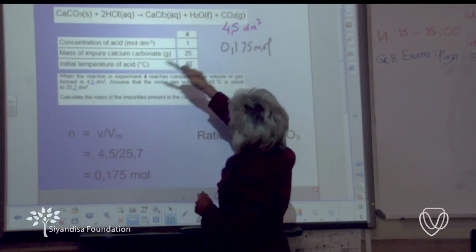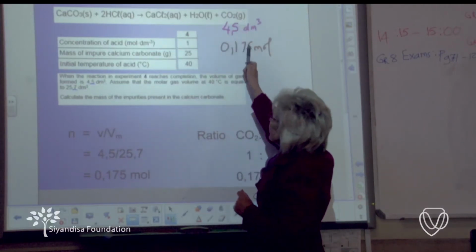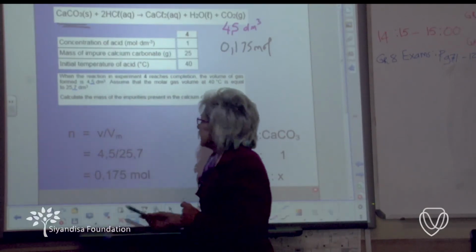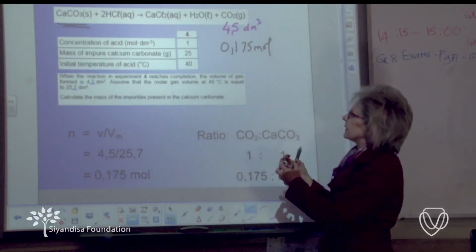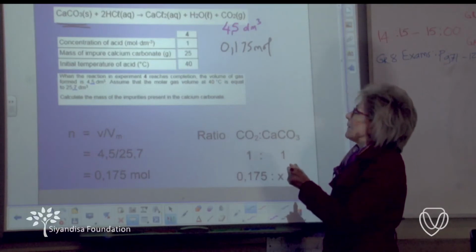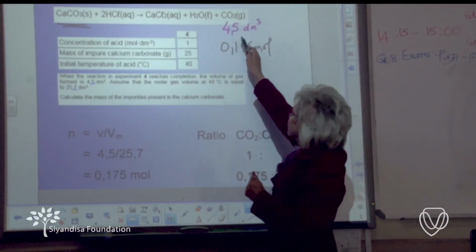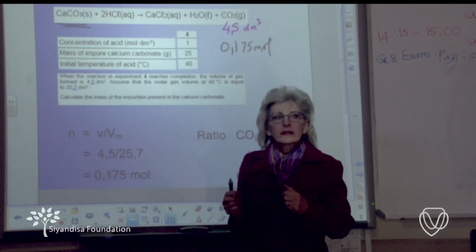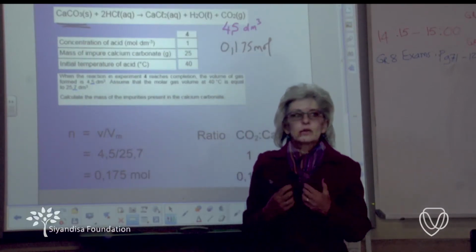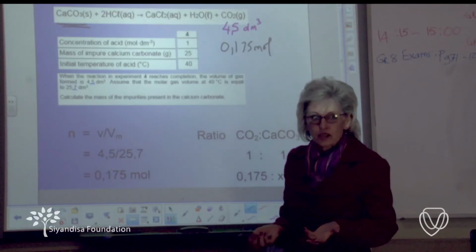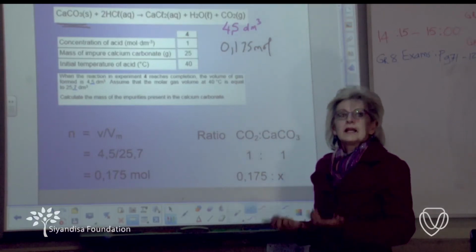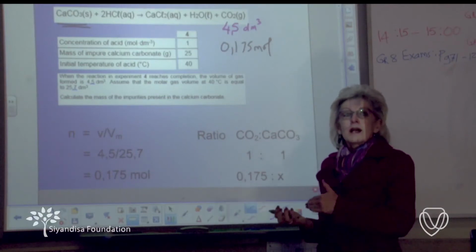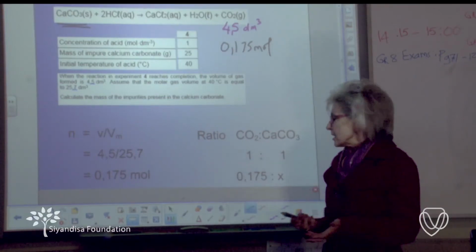So my calculation is between carbon dioxide and calcium carbonate. Now I need to figure out, is there any link between what I've calculated here and the calcium carbonate? And the answer will always be yes, because you've got a balanced equation, and the balanced equation gives you ratios. And the moment that I've got mole values, I can use my ratios.